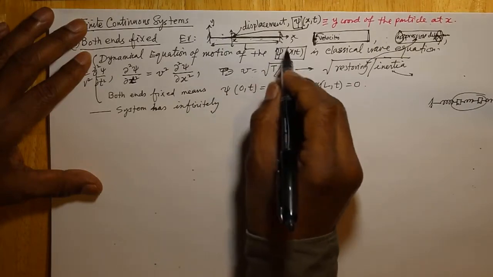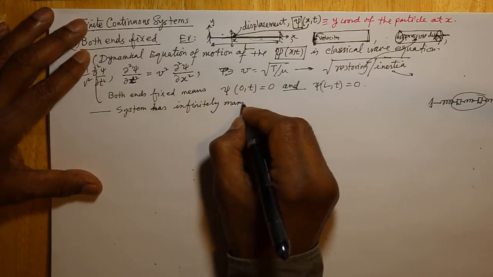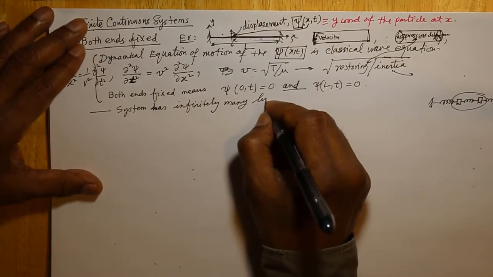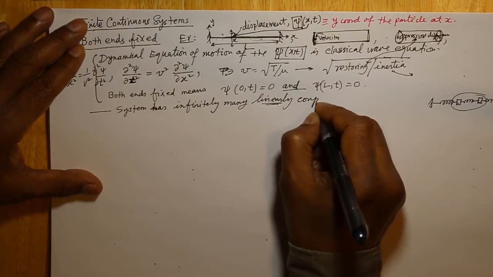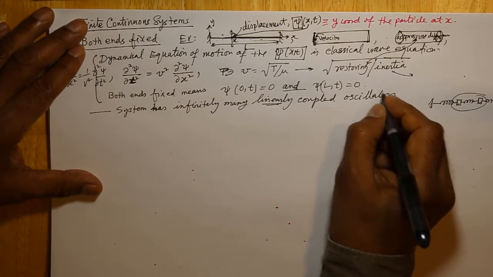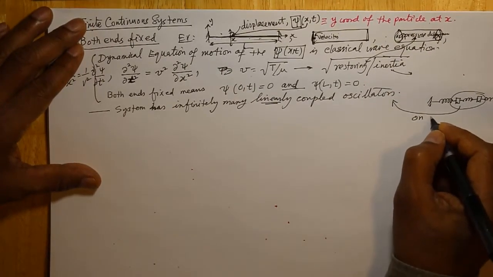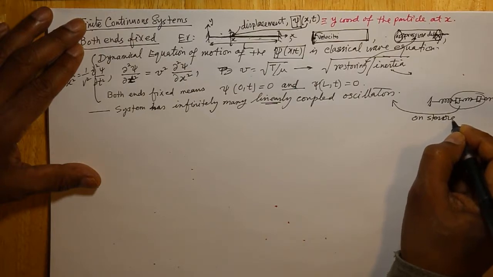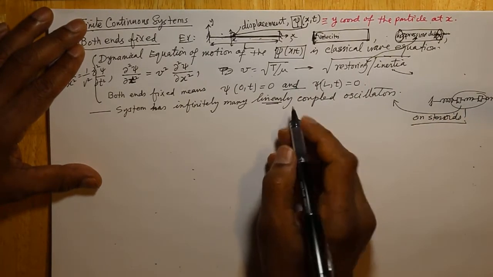Here you have infinitely many linearly coupled oscillators. So it's like not just two, you've got infinitely many, a whole bunch.